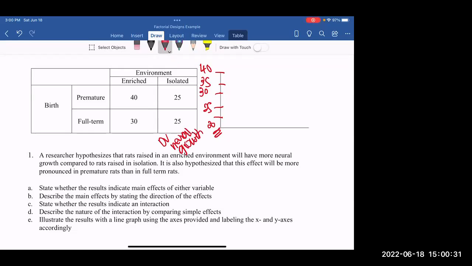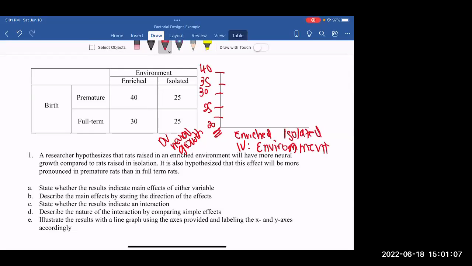Okay. And then on our y-axis, we're going to indicate IV, environment. And we're going to have enriched versus isolated.